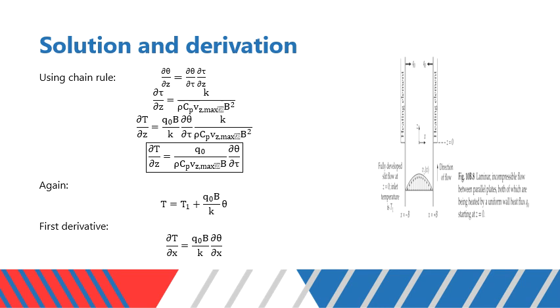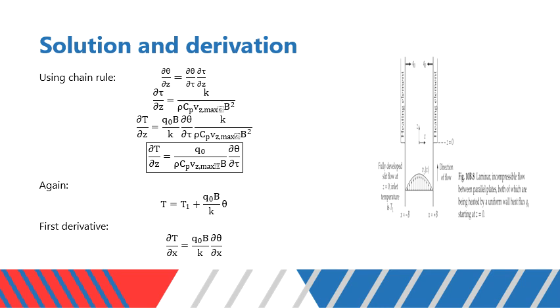Now using the chain rule for d theta by dx, we will form the formula k rho Cp Vz max into b square. From that we will get dT/dz equal to q naught by rho Cp Vz max b, d theta by d tau.